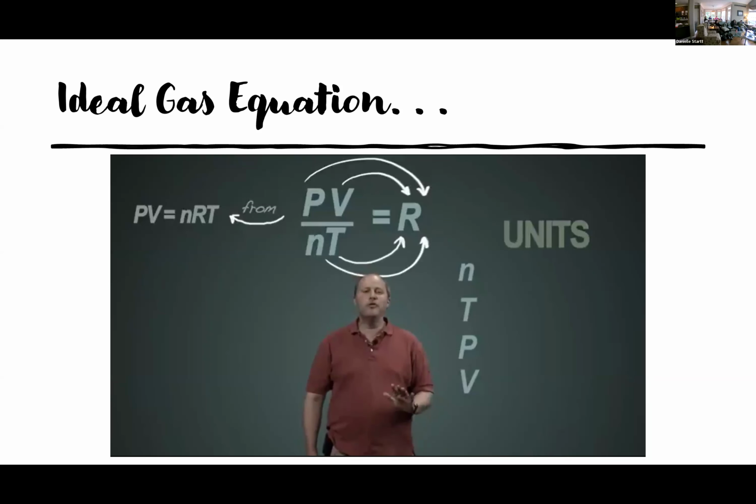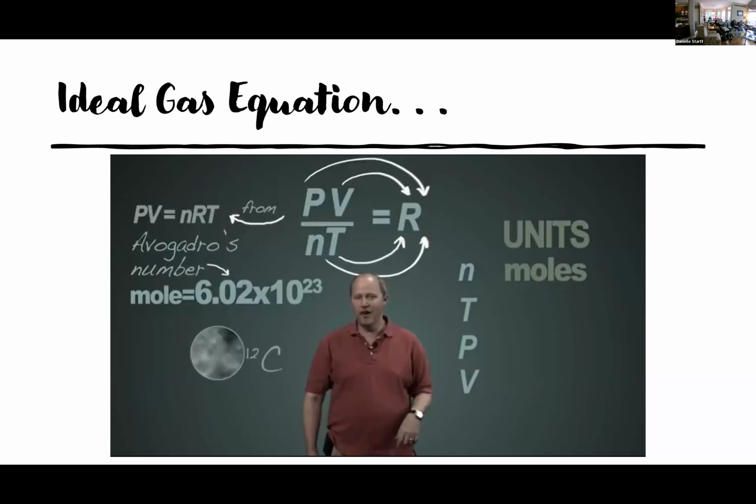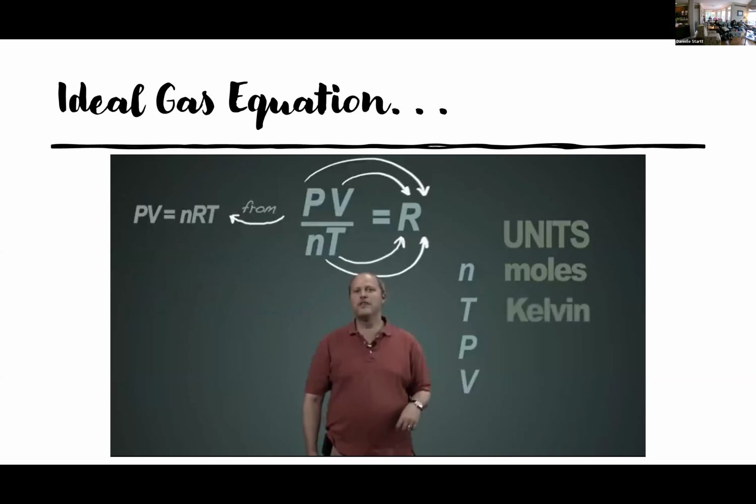Almost universally in chemistry, we stick to the same units for moles. We've agreed on the definition of Avogadro's number, and a mole is the number of particles that are in 12 grams of carbon. For temperature, we're always going to use absolute temperature, in units of Kelvin. But no one can decide what the units for pressure or volume should be.